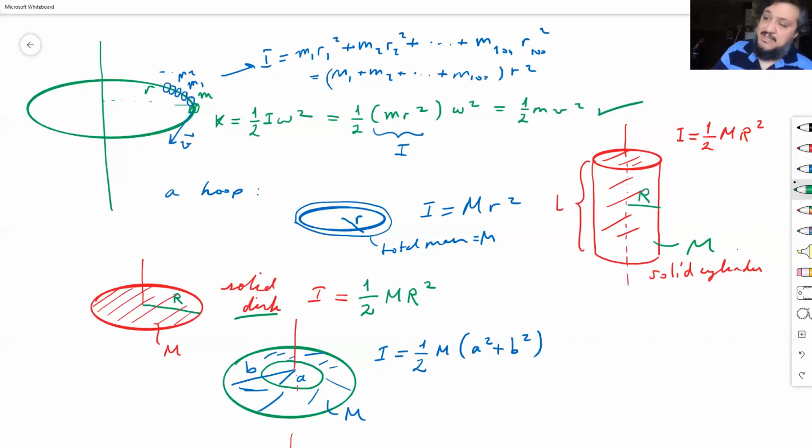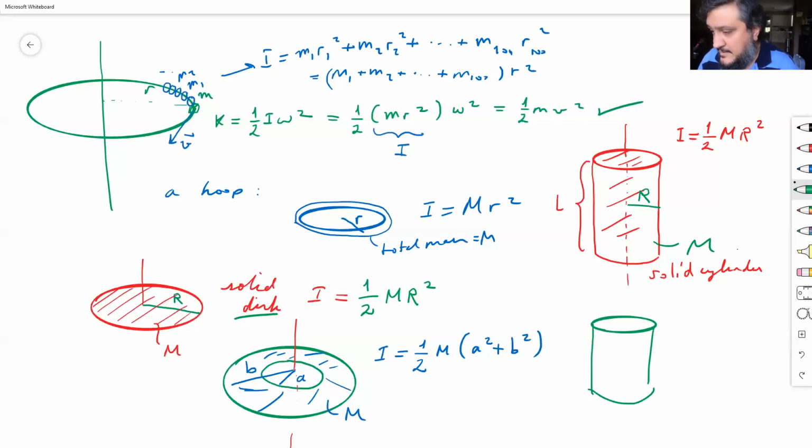So you can take this idea and apply it to the disk with the mid portion removed, or even the hoop. If it is a hollow cylinder, I is just MR squared.